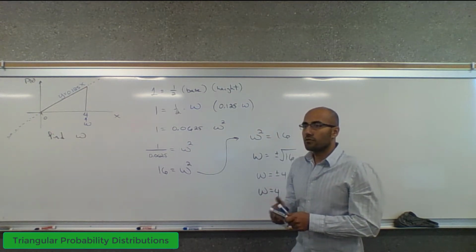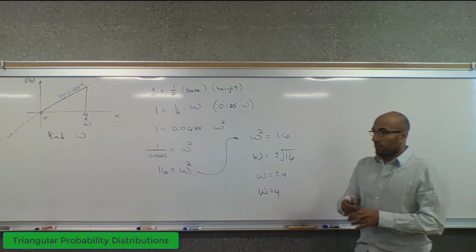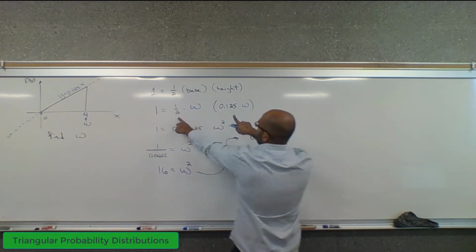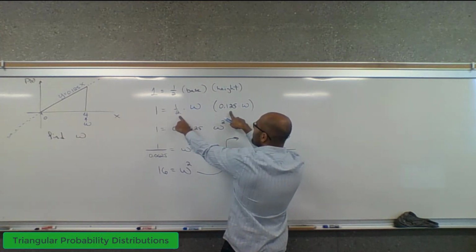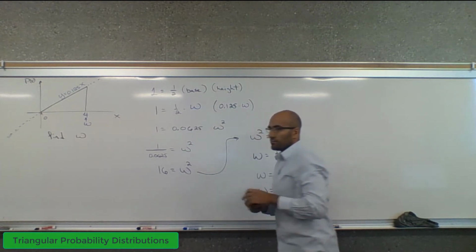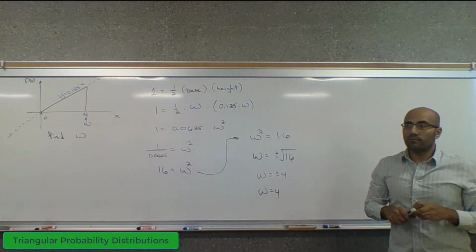Any other questions? Wait, so in order to get 0.0625, you basically multiply 1/2 with that. 0.5, or 1/2 times this gives you this. Other questions?